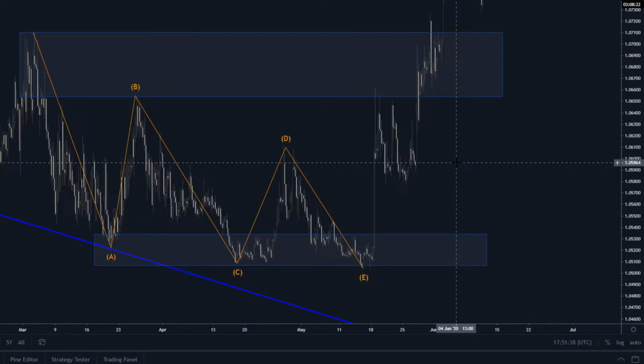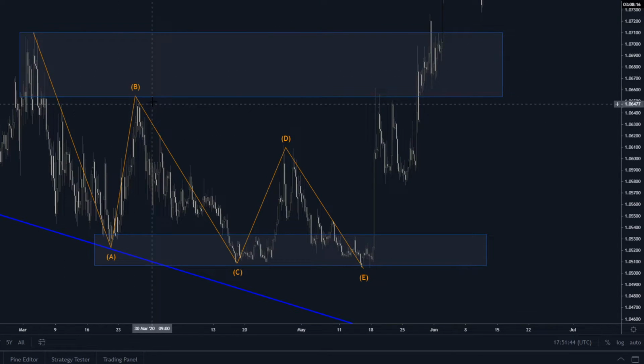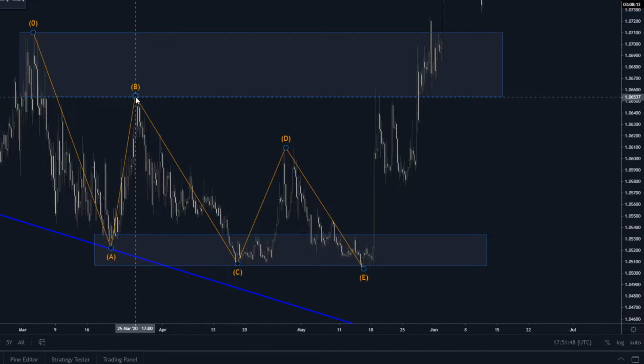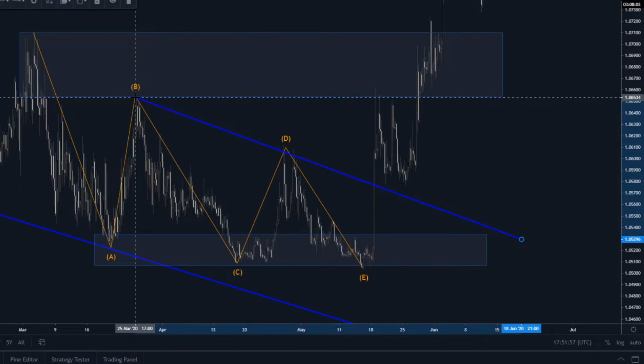And then when I look for an entry, like I was saying in the previous video, I ignore the first top. I usually take the second one and the third one, and then I connect them with a line. And I like to go at the 50% level usually, but in this case it would have worked anyways.